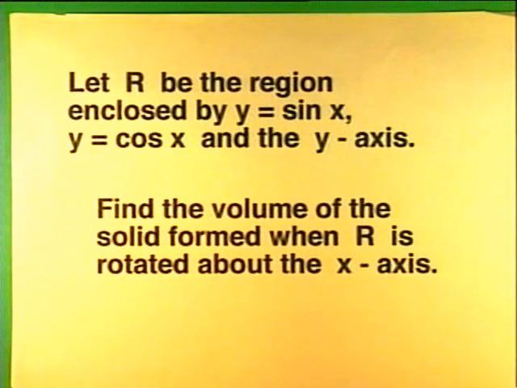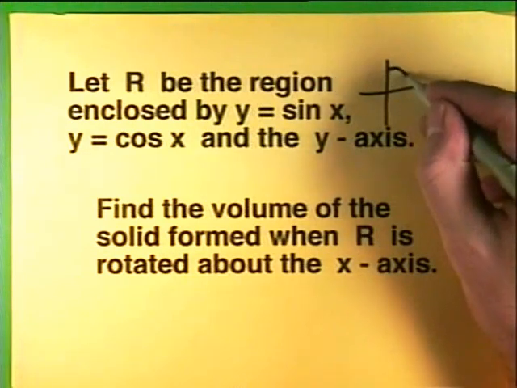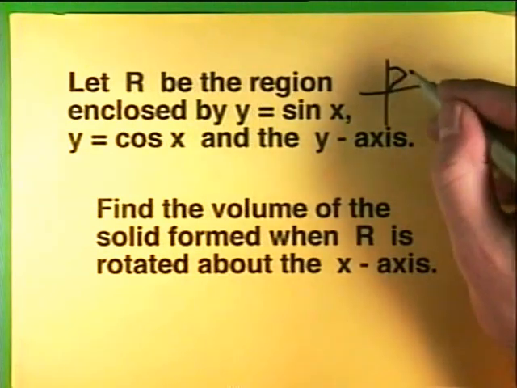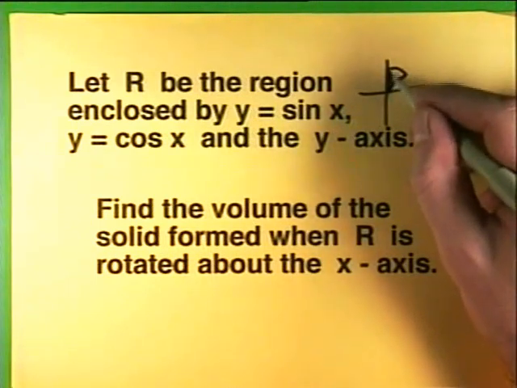Okay, now let's get started here. Let me see what this looks like. We're finding the area first. Well, I'll help you out here. This is cosine x, and this is sine of x. So we're talking about this region right here. Are we going to rotate it around?